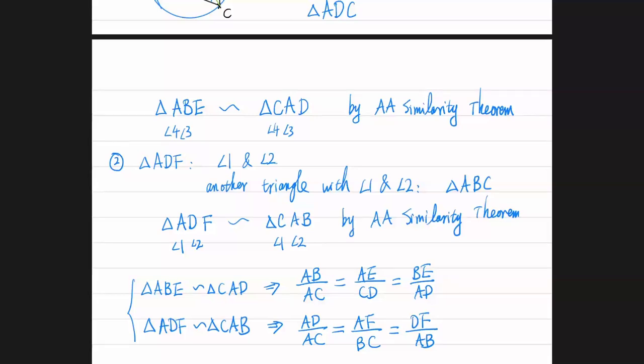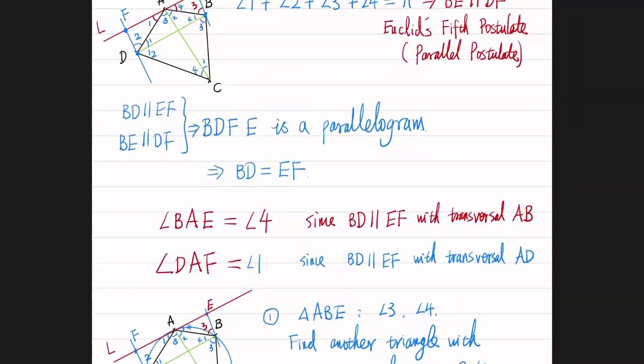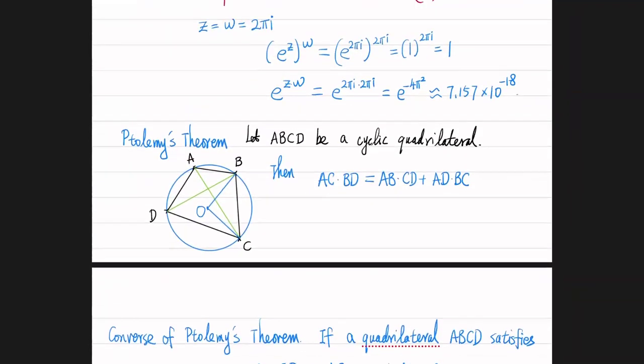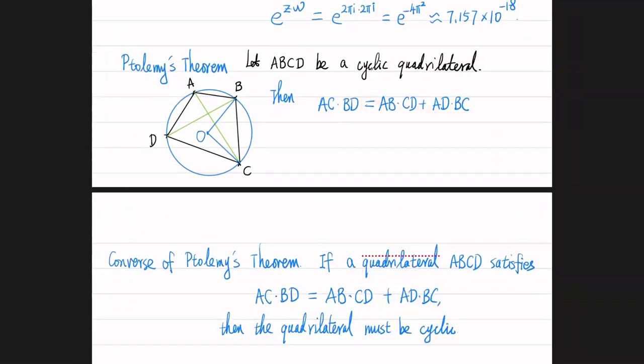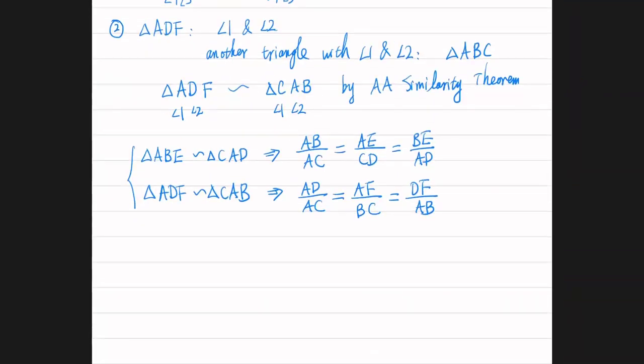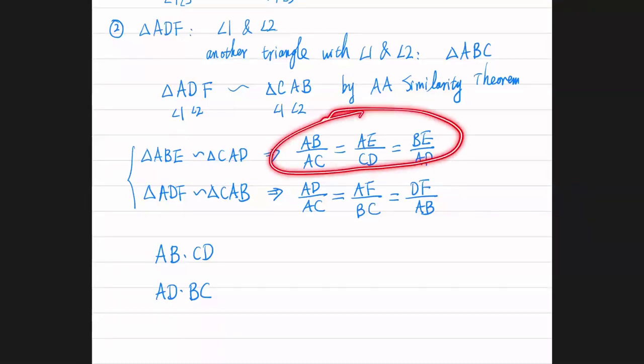Okay, the last step. Let's go back and see what we are looking for. We are looking for AB times CD and AD times BC. If we check the first identity, which one gives us AB times CD?